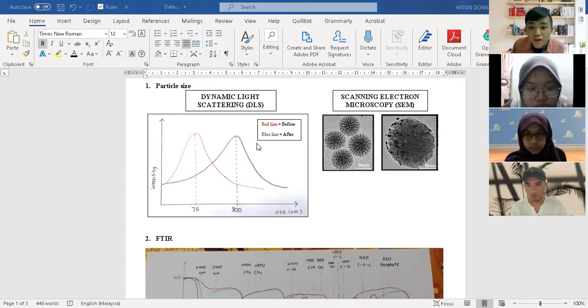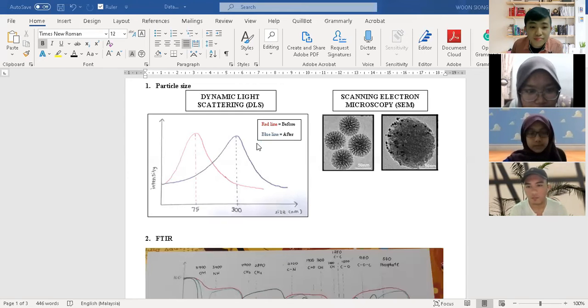Actually, before that, we already assigned ourselves into a few groups so that each person has the task of gathering the figures, and I'm the one who compiles it, and this part is from Aiman. Okay. We will start with the particle size of the lipid nanoparticle.